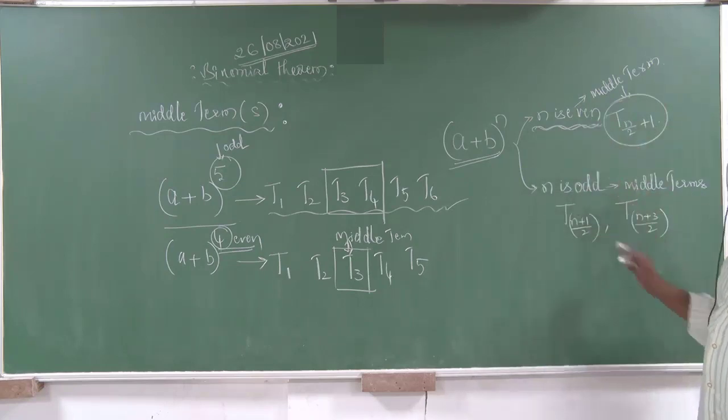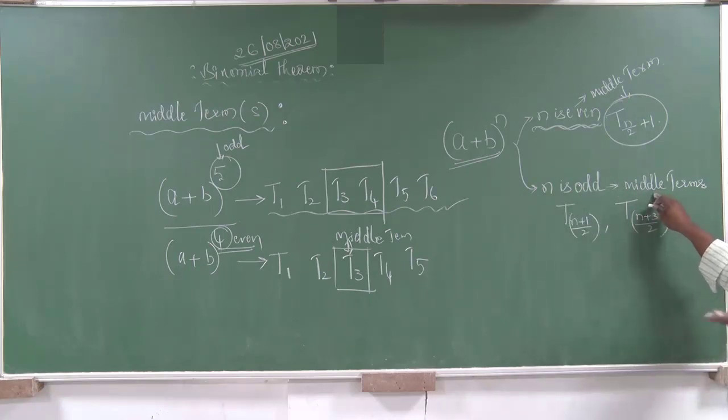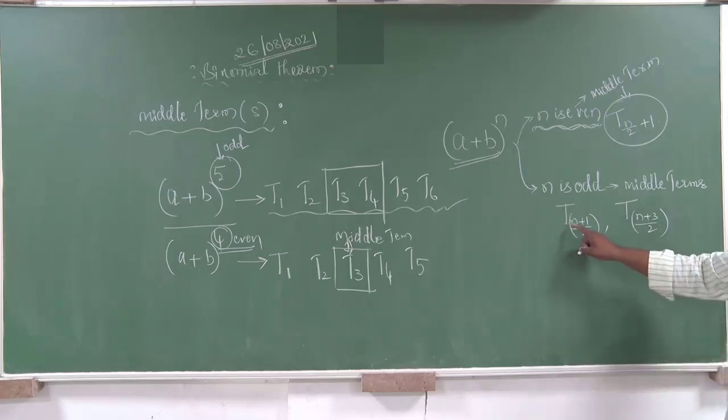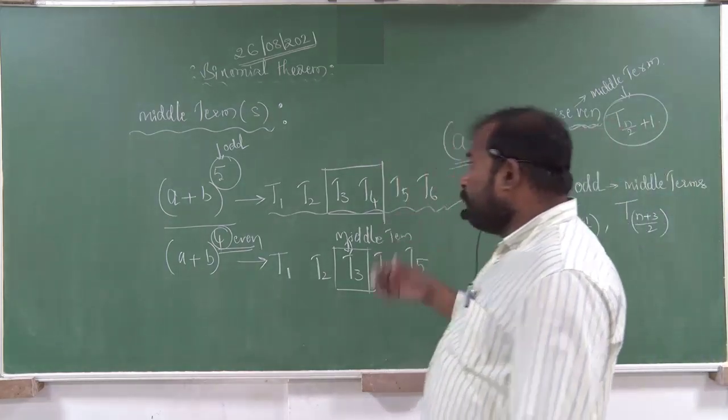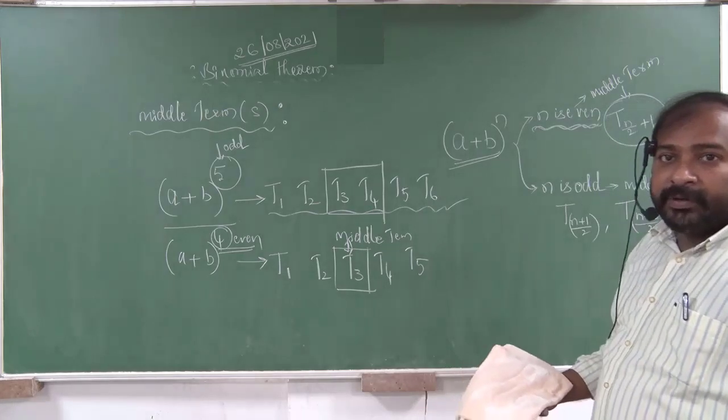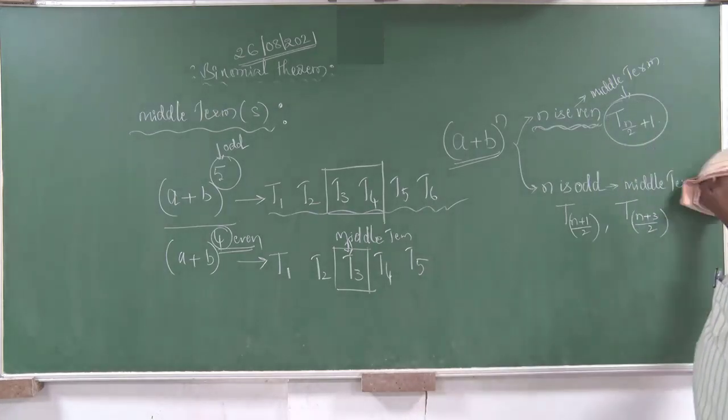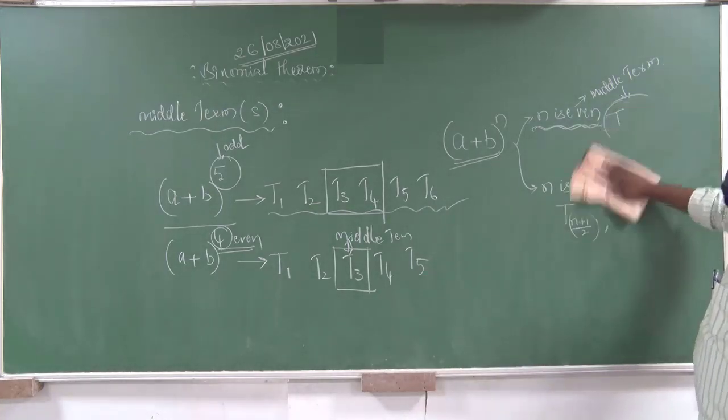If n is odd, there exist middle terms, means two terms we can take as the middle terms. And those middle terms are given by the formula T (n plus 1) by 2 comma T (n plus 3) by 2. So this is also one more concept you have to remember. Okay. Next, middle term concept, this one.